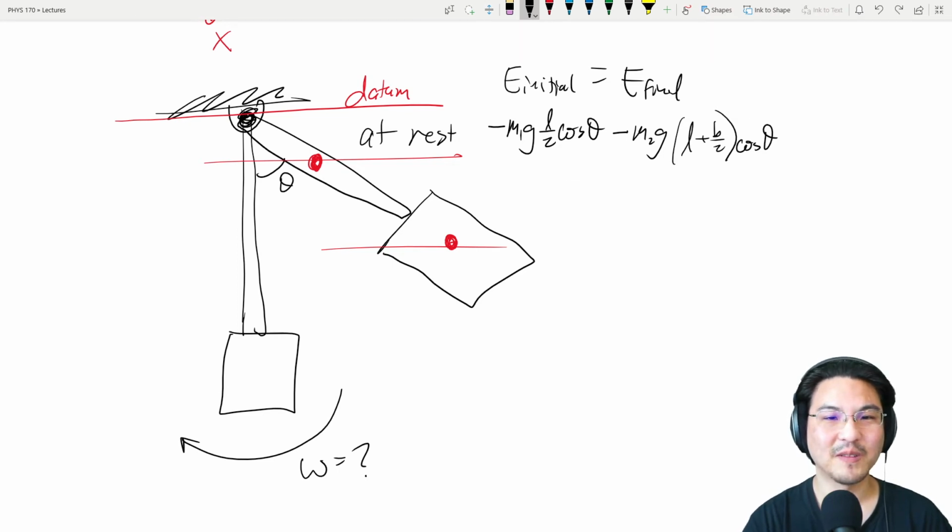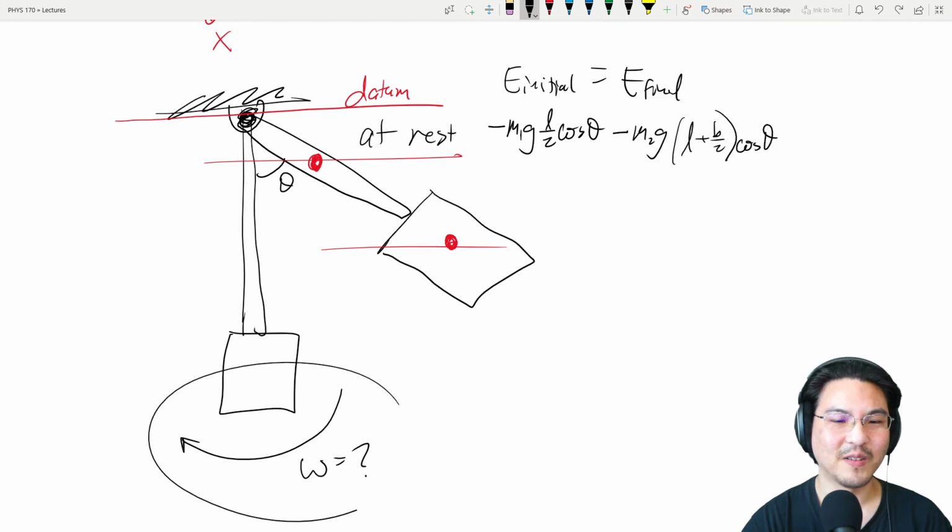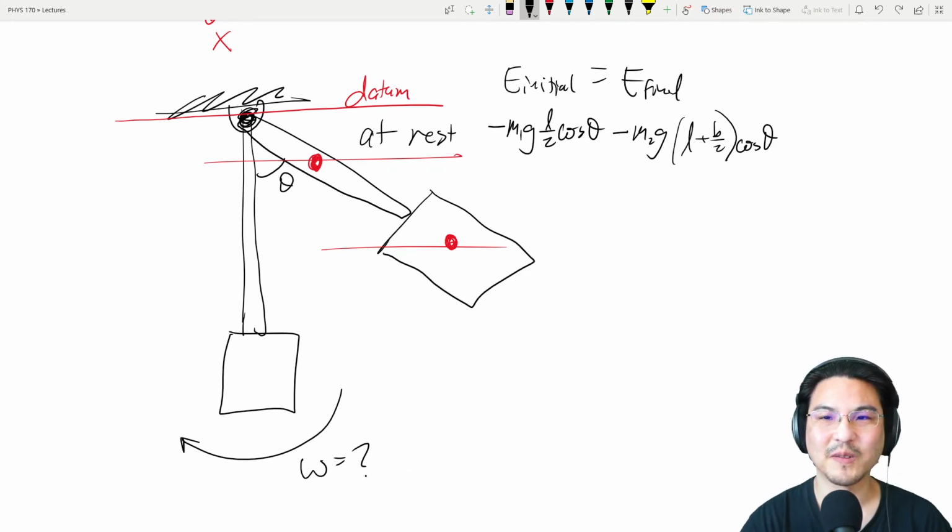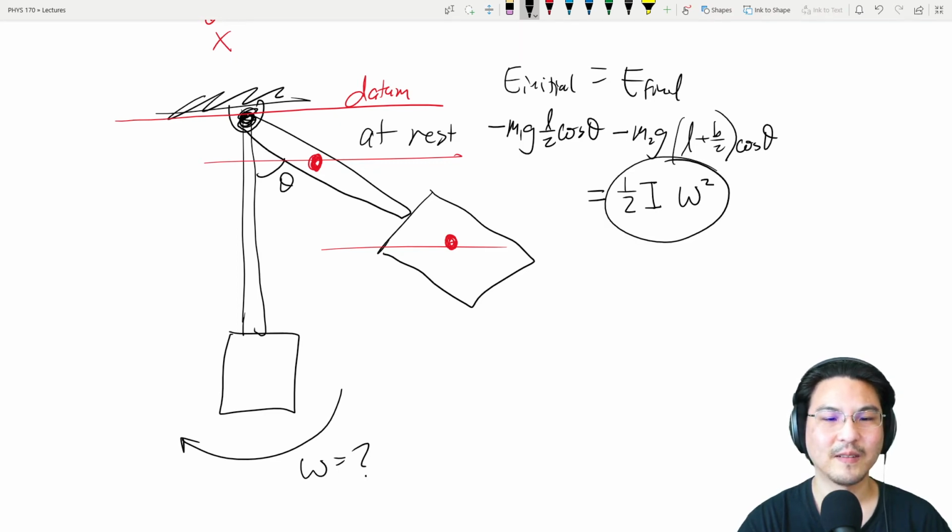And then afterwards, it swings over here. So afterwards, it has kinetic energy, 1/2 I omega squared. But which I is this? So now it depends.